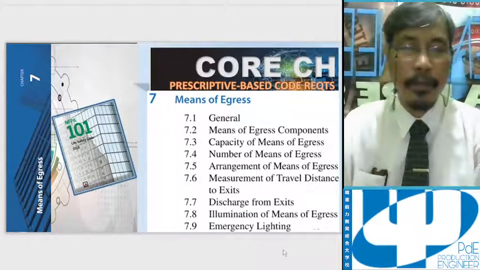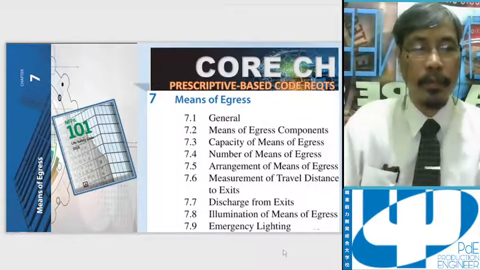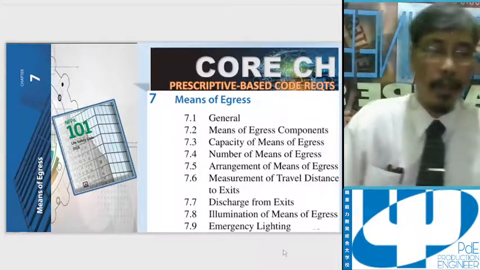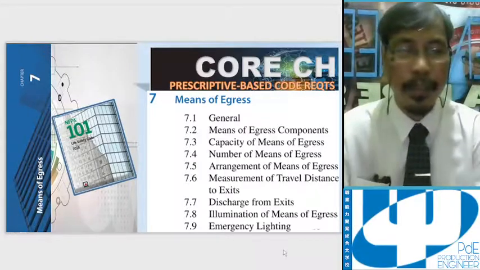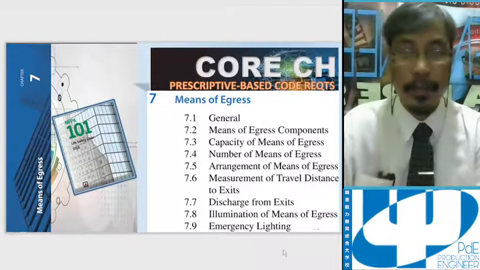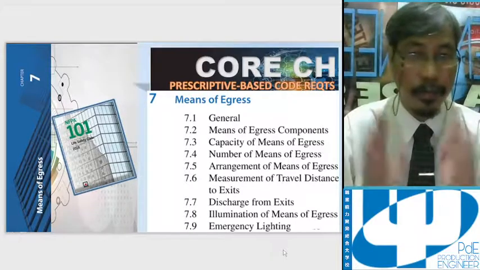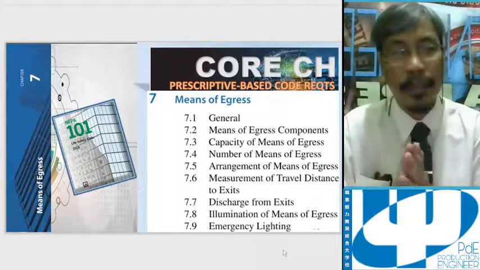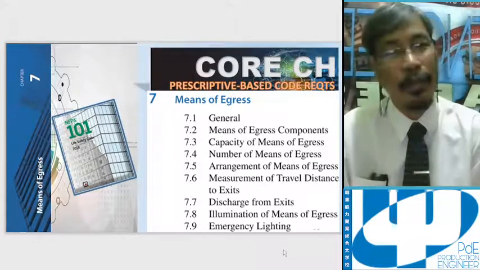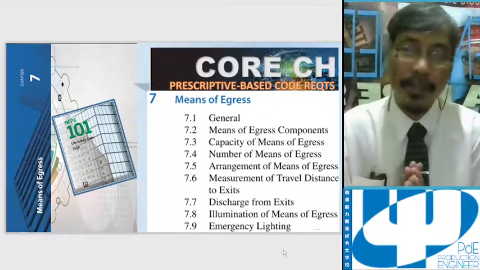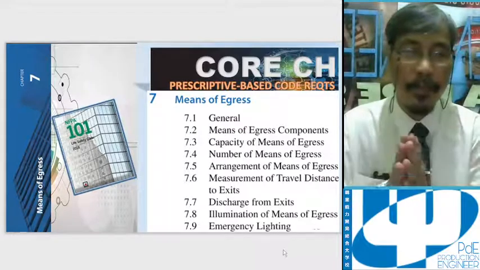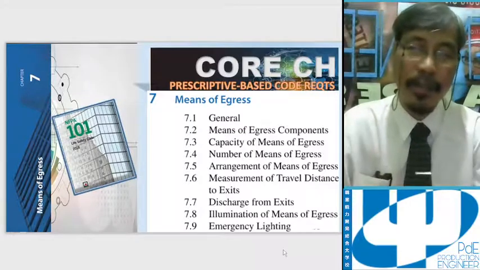And one of the longest chapters also is chapter 7, because it is where the life safety code started. Exit is the initial name of the code, building exit.